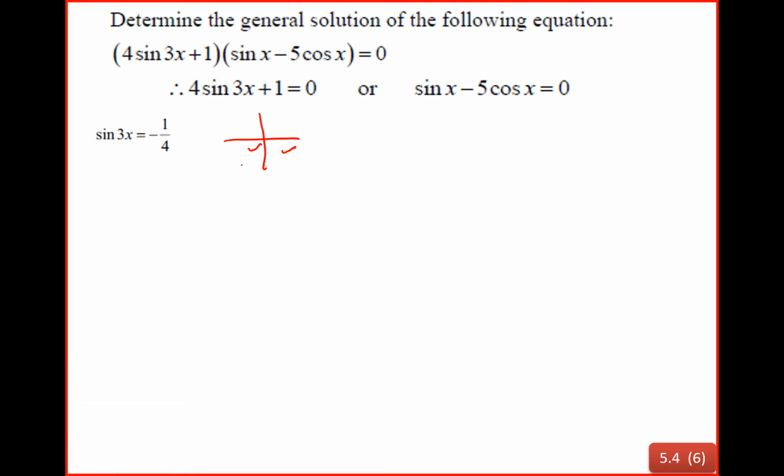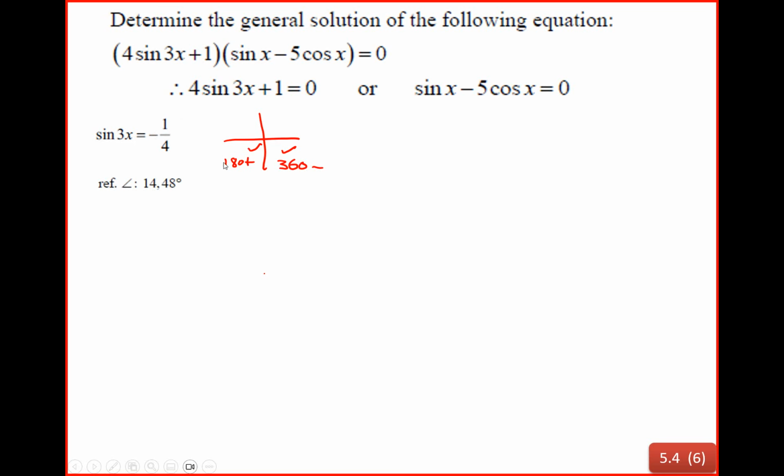And remember, your angle formula in quadrant 3 is 180 plus your reference angle, and in quadrant 4 it's 360 minus. So we're going to take our calculators now. We're going to type shift sine 1 over 4. Do not type the negative. That's to reference the quadrants. And the reference angle we get is 14.48.